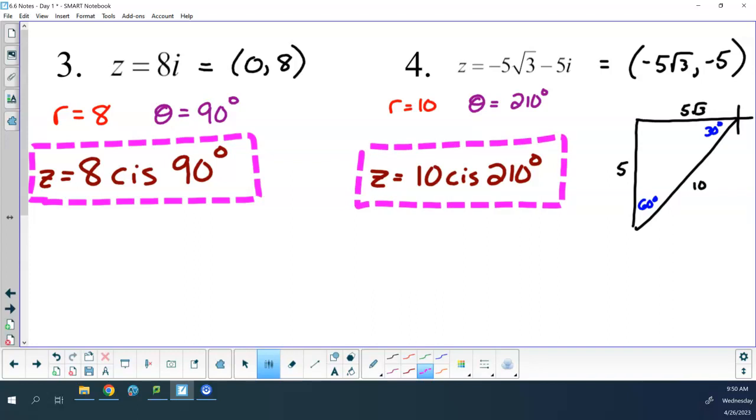I did mine the special right triangle way because it's faster. If you would have done square root of a squared plus b squared, you still would have gotten 10. If you would have done inverse tangent, you would have gotten 30. It's in quadrant 3, so you would have to add 180 to it. So you get 210.